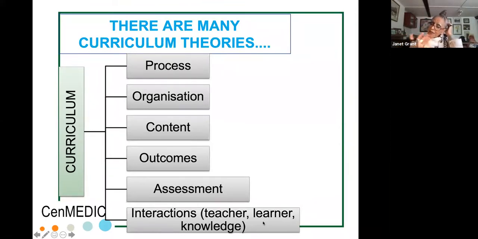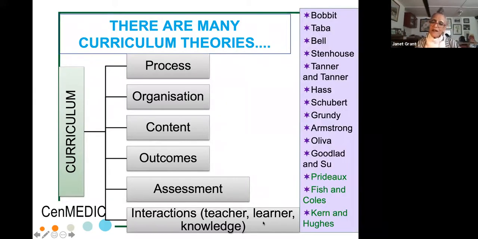Different curriculum theories have different approaches. And really, it's worth looking at them. If in medical education, you only ever read medical education, you have cut out most educational thinking. So you have to read outside.